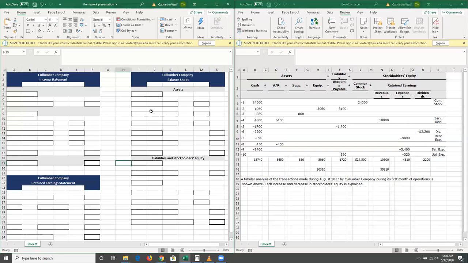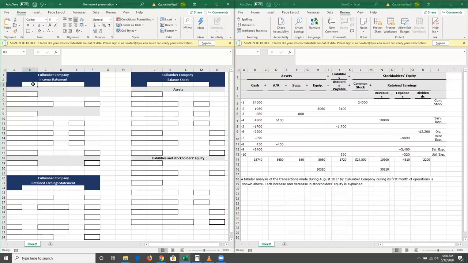All right, so going over to the actual work, the first thing that you're going to want to do is the income statement. Like I said, it's the exact same thing that you did before. It's just that you're getting all of your information from this chart instead of just the list that we had.